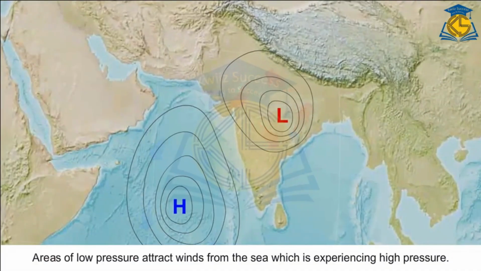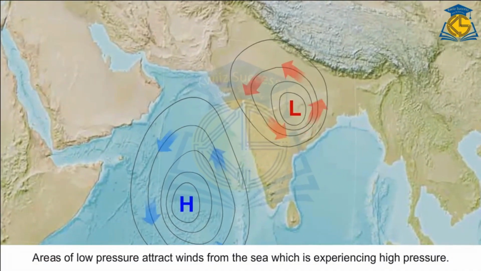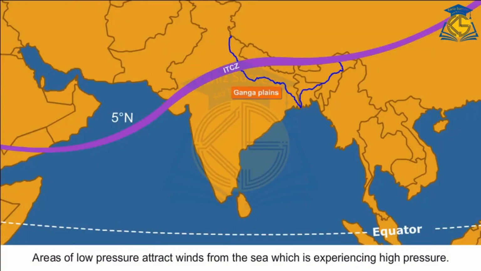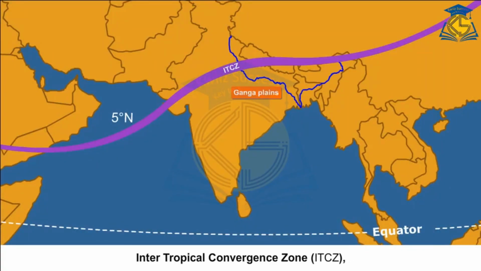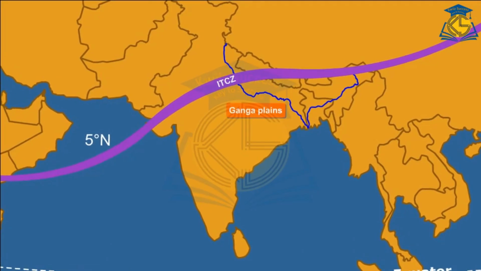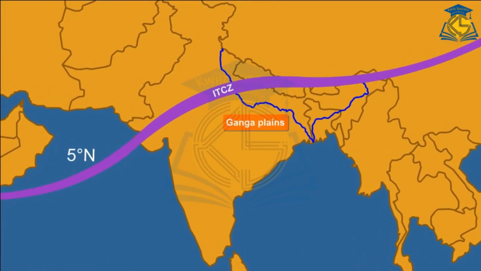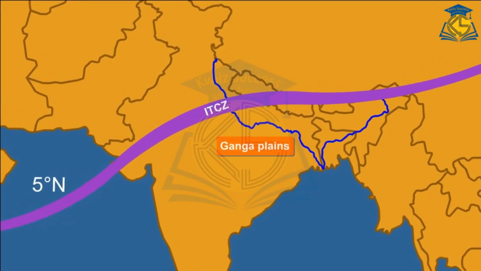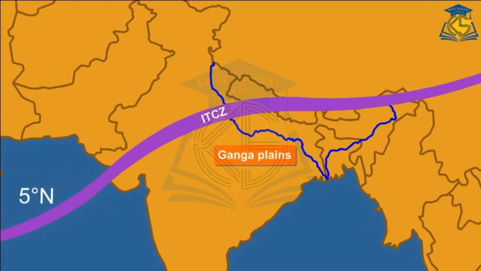Areas of low pressure attract winds from the sea, which is experiencing high pressure. 2. The Intertropical Convergence Zone, or ITCZ, usually positioned at 5 degrees north of equator, shifts northward over the Ganga plains in summers. This shift also triggers monsoons in India.